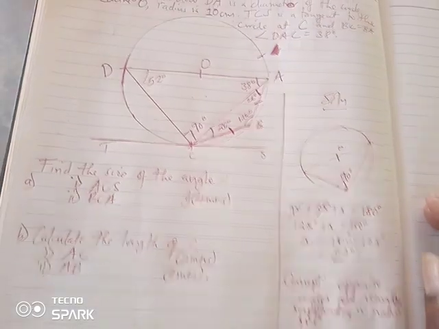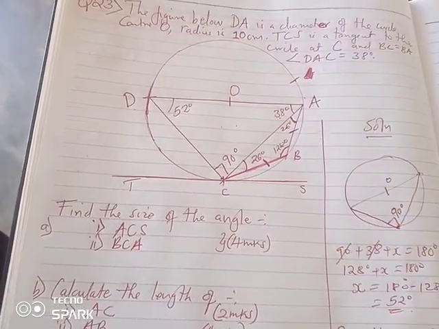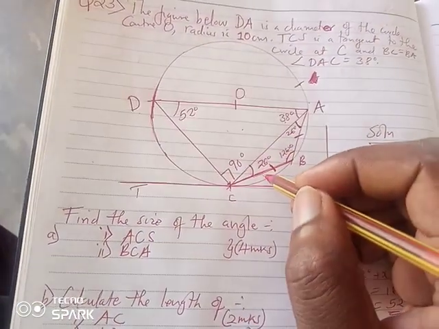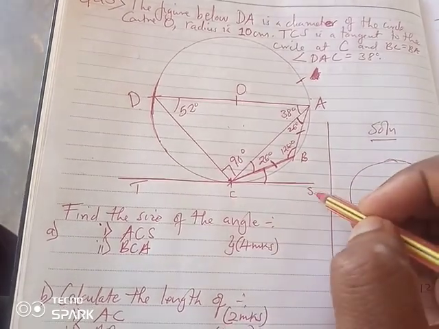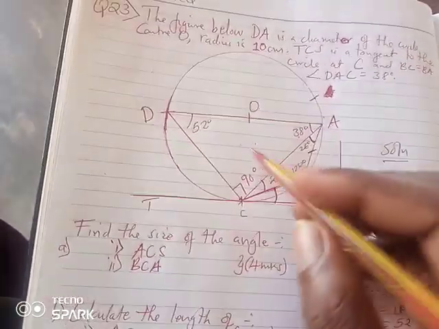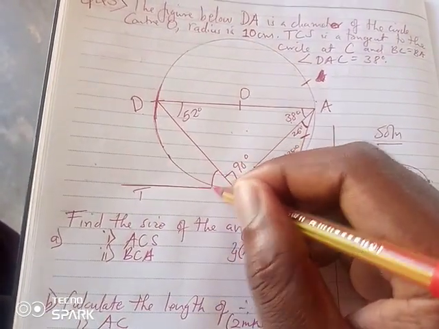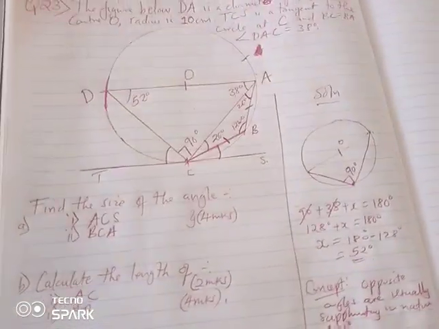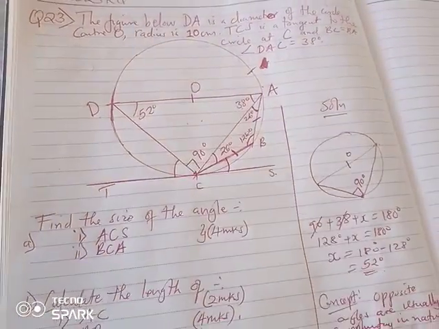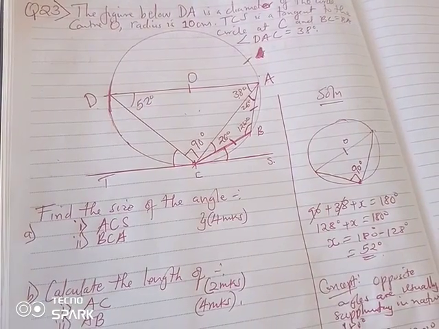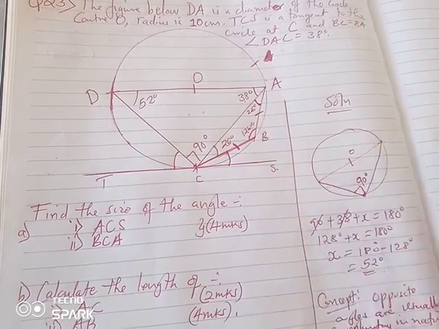Looking at our diagram, it's like we have done all the angles except these two. For me to get this angle BCS or DCT, we have to employ another idea in Form 3: angles in alternate segments.